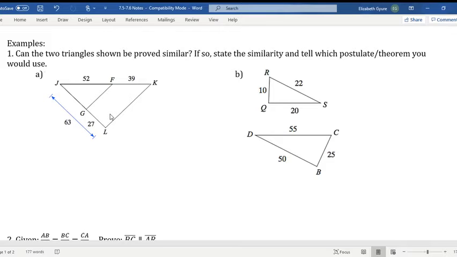So first of all, what's something somebody notices here or something you think that we need to verify to make sure that these are similar? Any ideas? Okay, what do you think?